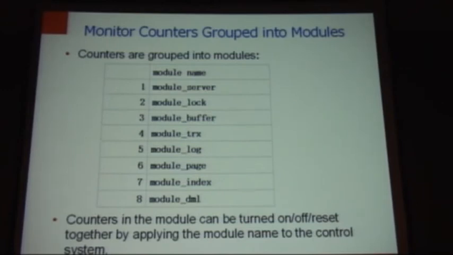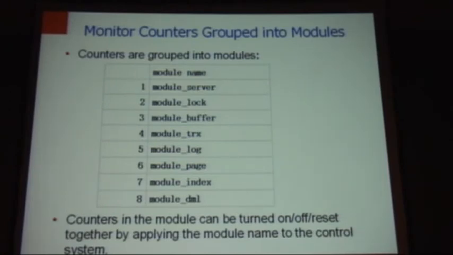And for module buffer, this is more static information. It probably doesn't come with a time period. It just tells you how many buffers are configured for the server, what the buffer activity is, how many buffers are being used, how many buffers are being evicted.